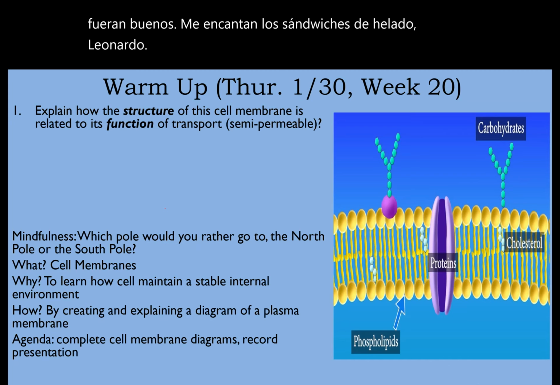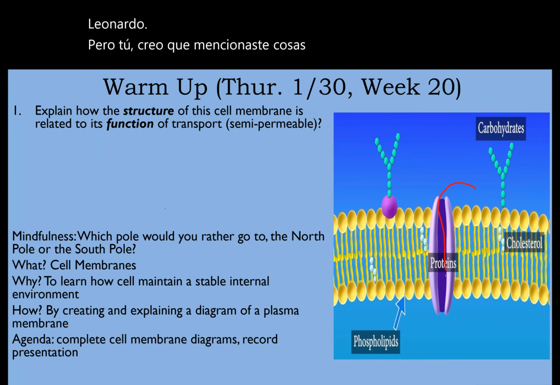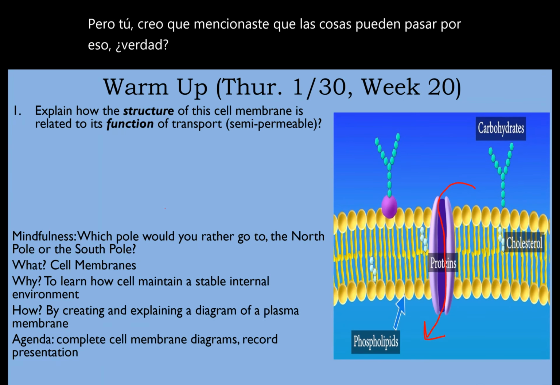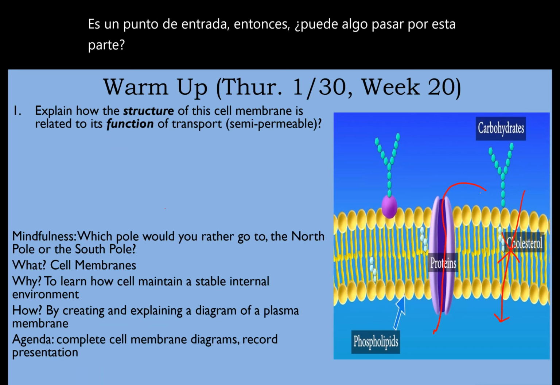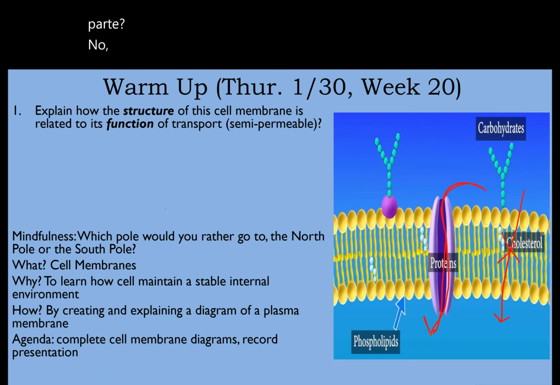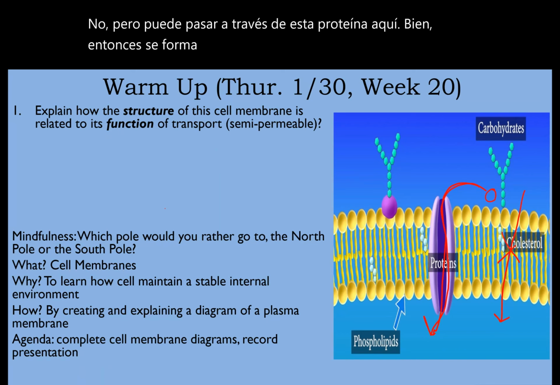But I think you mentioned things can go through it, right? It's an entry point. So, can something go through this part? No, but it can go through this protein here. Okay, so it forms like a passageway through the membrane, and that helps to transport, right?